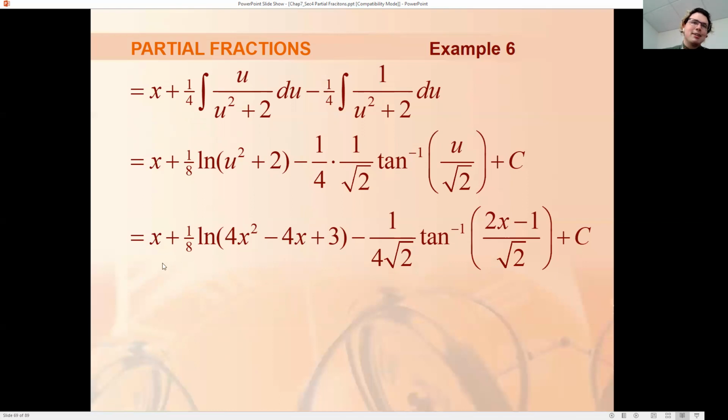So here I've got my antiderivative is x plus 1/8 the natural log of 4x squared minus 4x plus 3. Then I subtract 1 divided by 4 roots of 2 times the arctangent of 2x minus 1 divided by the square root of 2, all of that plus my constant of integration.